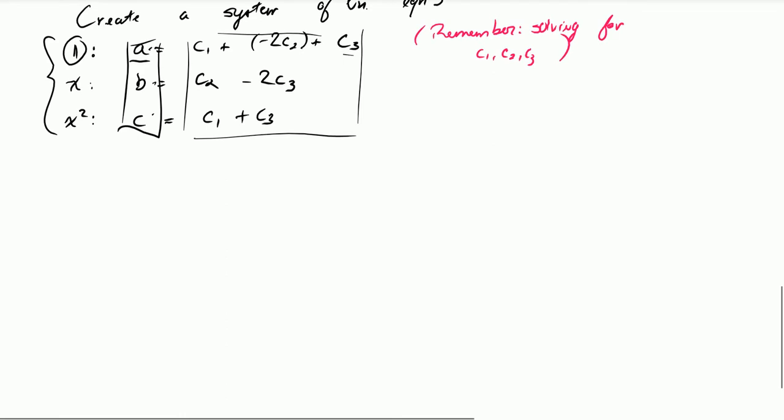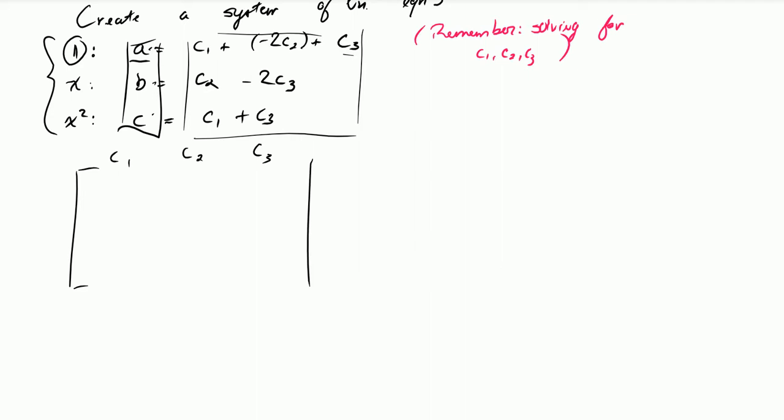Okay, so now I'm going to put the system in a matrix. So I'll have c1, c2, c3, and then my constants a, b, c. My first equation had 1c1. So now I'm just reading off the coefficients.